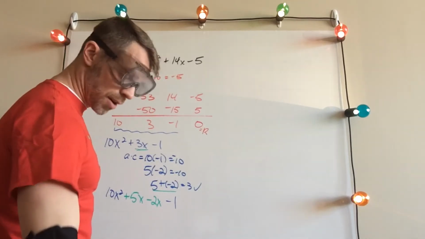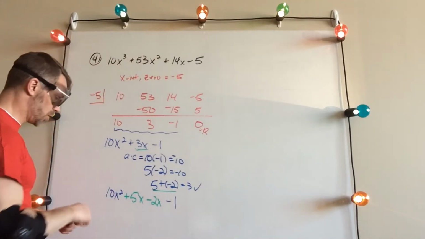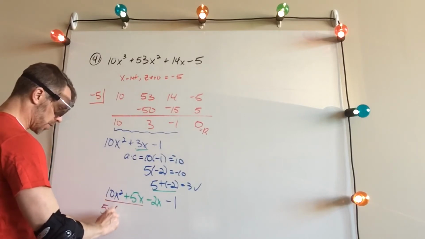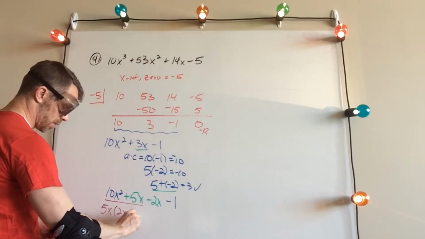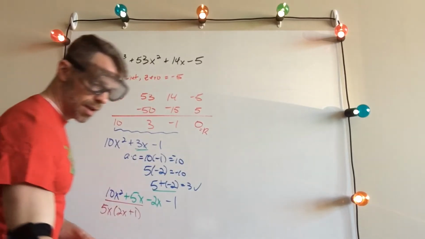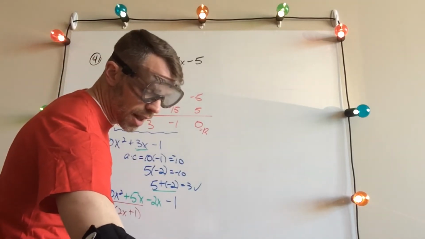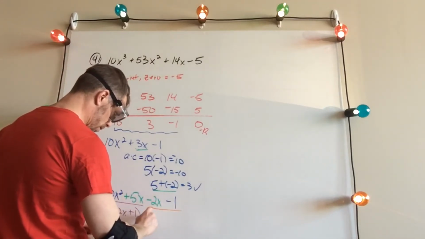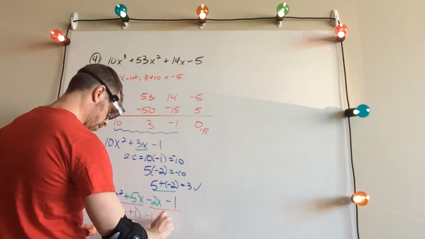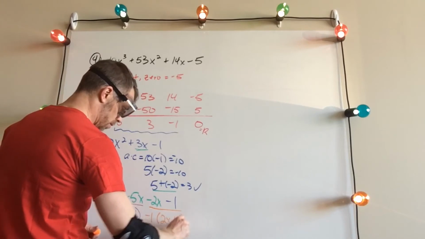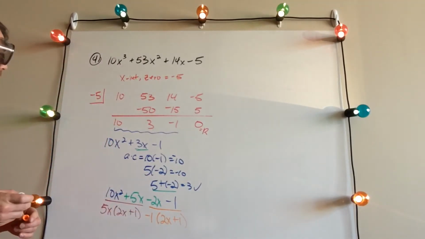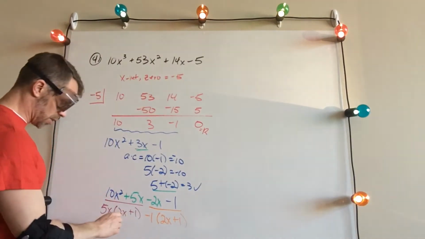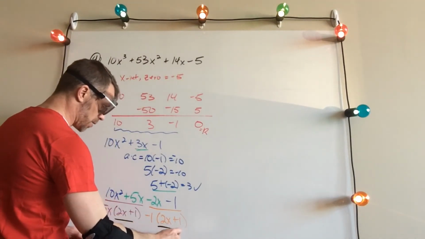Then we're going to go and factor a GCF out of the first two pieces, 5x, and a GCF out of the last two pieces. Okay. Those parentheses are the same. So the set of parentheses can jump all the way out to the front.